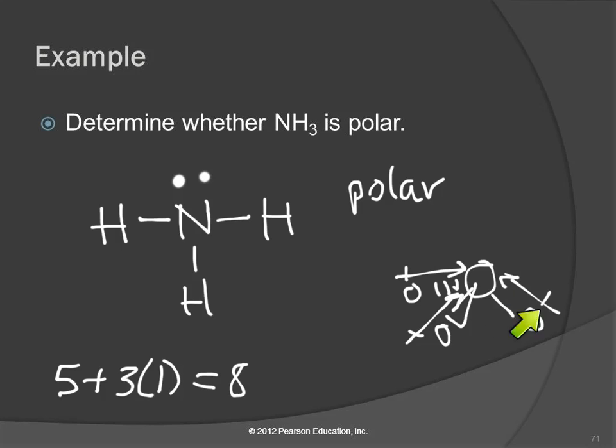You see that all of these arrows are pointing in a general up direction, and there's nothing pointing down, right? If we add those vectors together, overall we have an up effect, and so we do have a polar molecule.